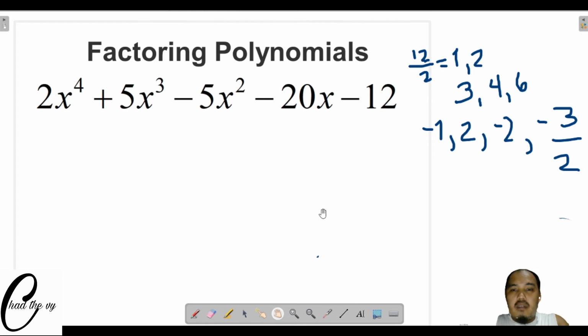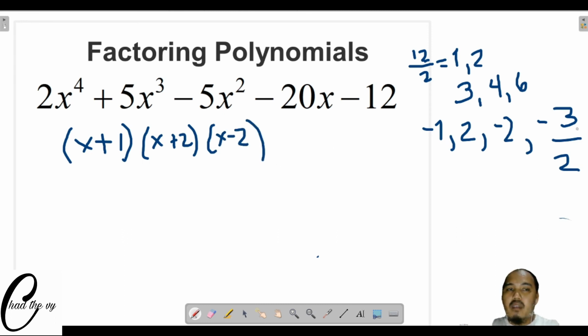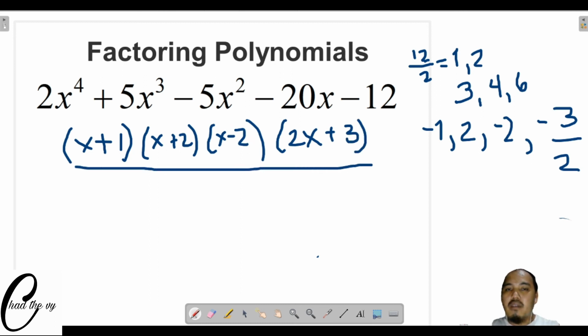Dahil yan na yung nakuha nating root, sulat natin siya sa factor. Negative yon, so x plus 1 tayo. Then, positive to negative to, so walang problema. Sulat natin pareho, x plus 2 and x minus 2. Negative yon, so positive susulat natin, 2x plus 3. Ito yung ating factor ngayon.